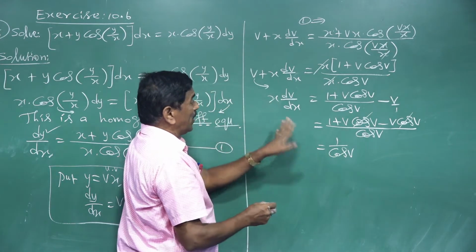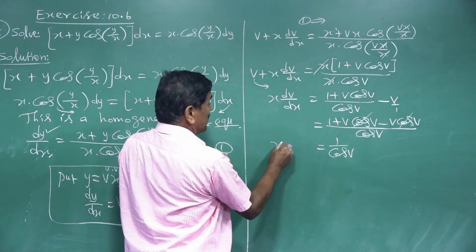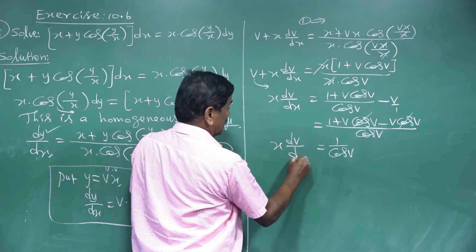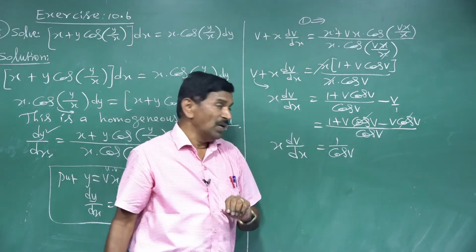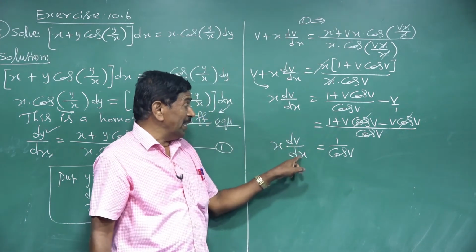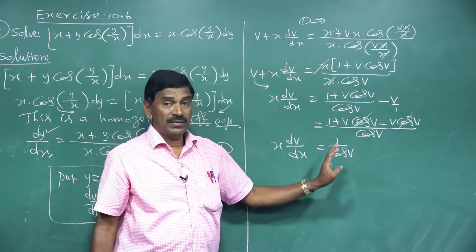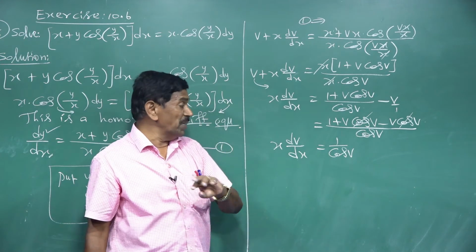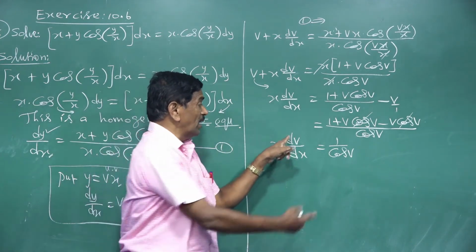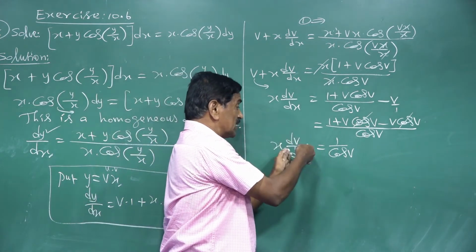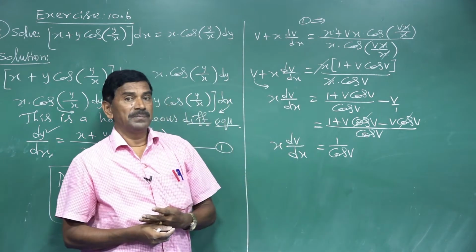The left hand side is already available, which is x into dv by dx. Now x into dv by dx is equal to 1 by cos v. How many variables are there here? There are two variables, namely the x variable and the v variable. This step comes under variables separable.